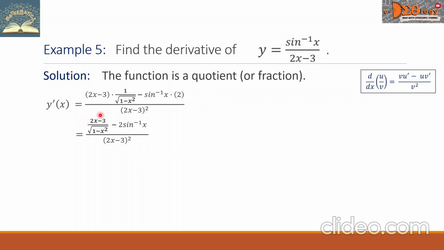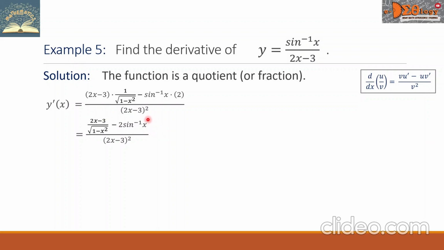Now we simplify our numerator. So we have 2x minus 3 all over the square root of 1 minus x squared minus 2 sine inverse x. All over, the denominator here will just be same. Now, let us simplify our numerator. Let us combine this fraction minus this 2 sine inverse x.